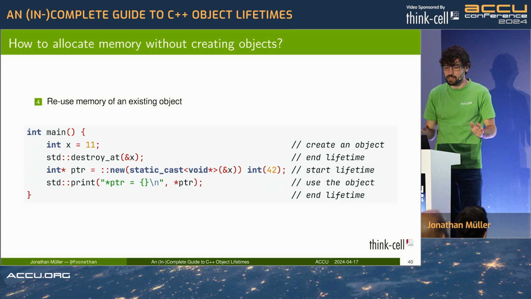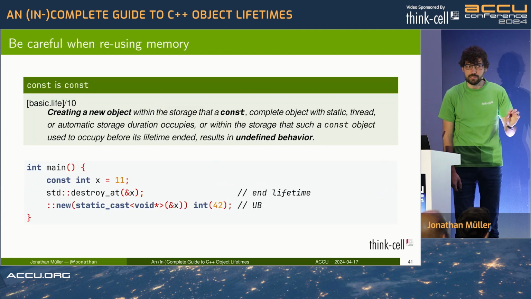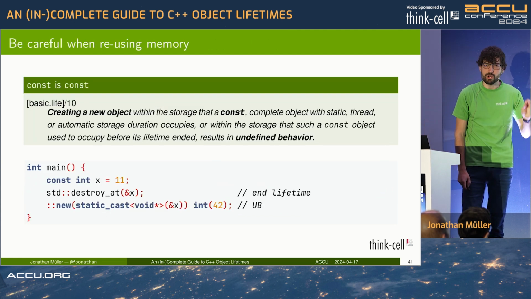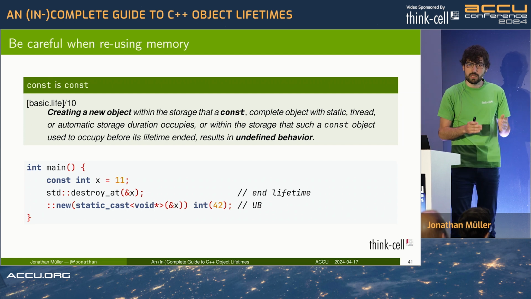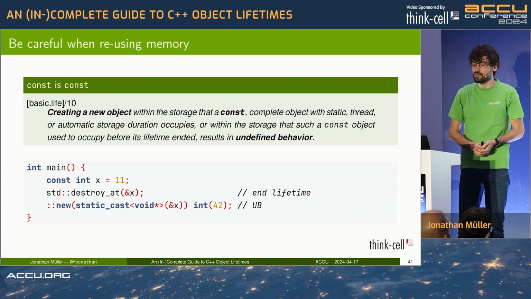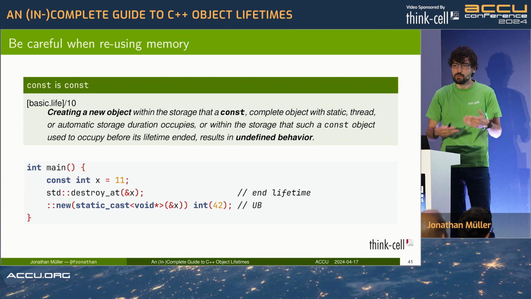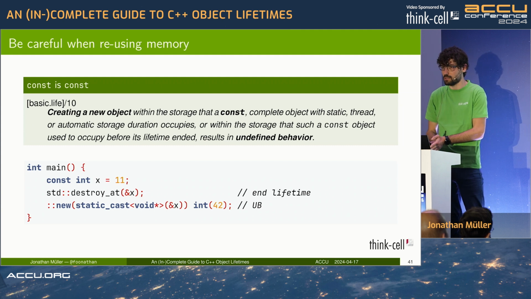But in principle, we can reuse the memory. But we have to be really careful. For example, const is still const. We've got our const int, that's 11, and it's const. Now you can't just go out and say, okay, let me just destroy that and create a new one that is 42. That would change the const value, and that is undefined behavior, because const is still const.